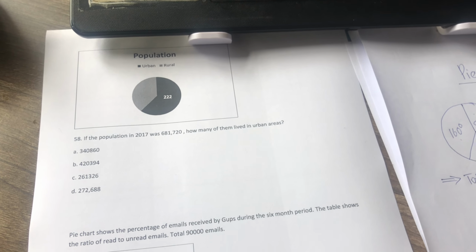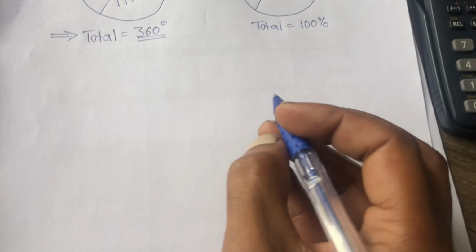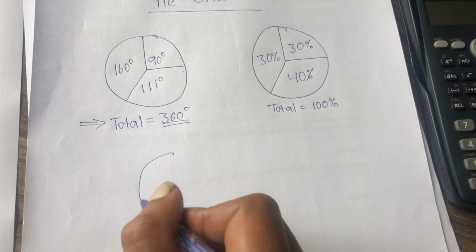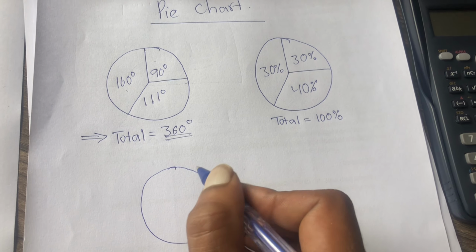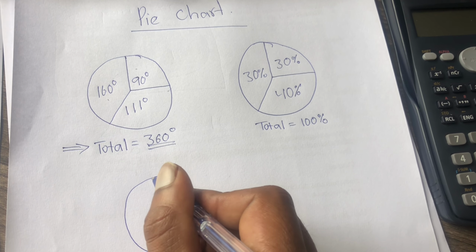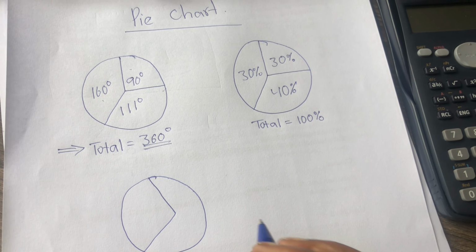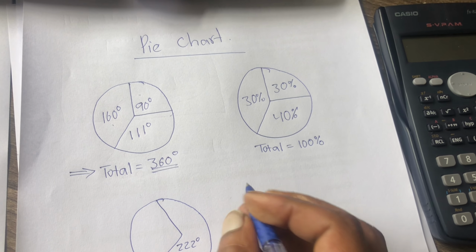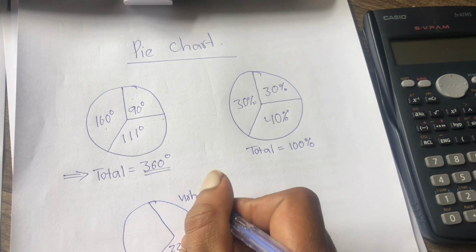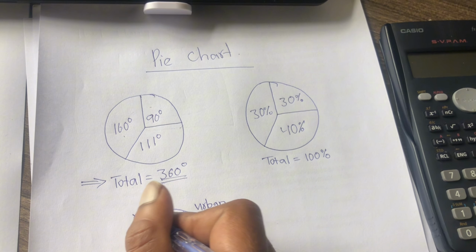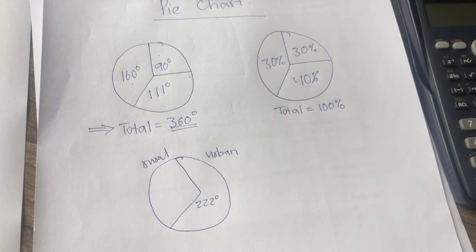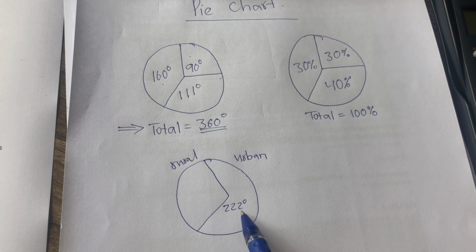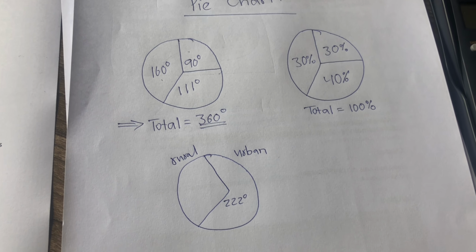In the pie chart there is a value of 222 degrees for urban, and the rest is rural, 220 degrees.